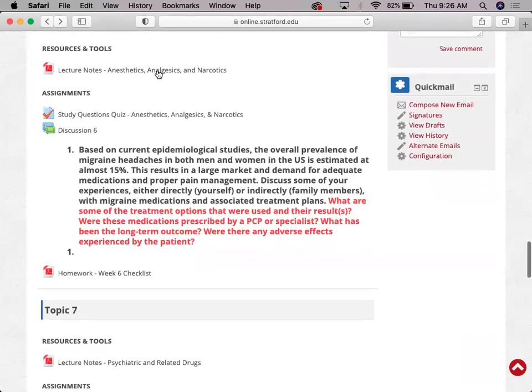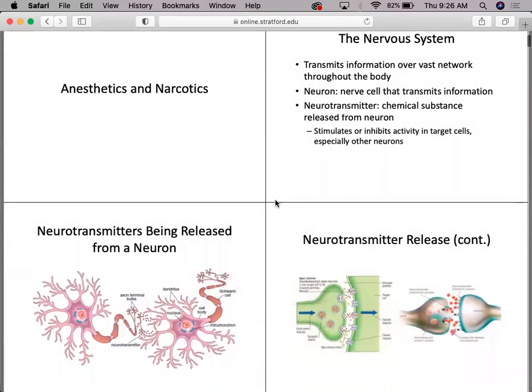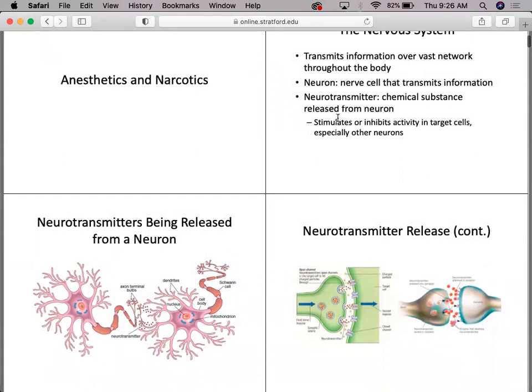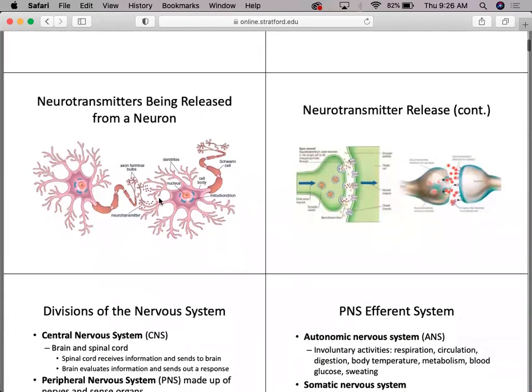Now, what do I like about anesthesias, analgesics, and narcotics? Again, mechanism of action. What does it do? It either mimics or blocks neurotransmitters. And we know what neurotransmitters do. They propagate the signal. The electrical signal goes through the neuron or nerve cell, and at the terminal bud, they release chemicals called neurotransmitters.